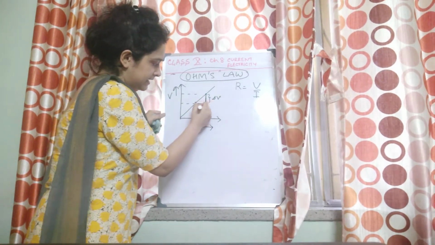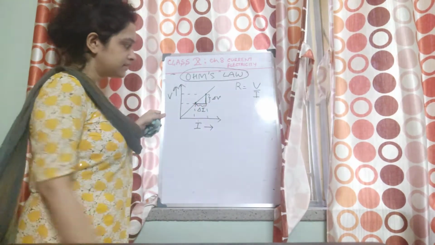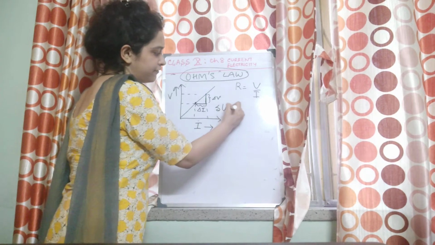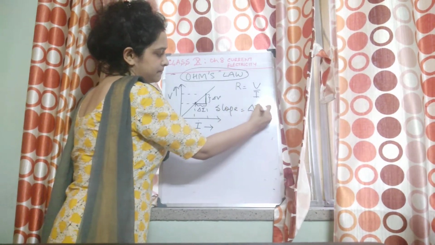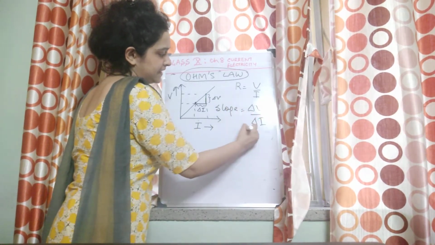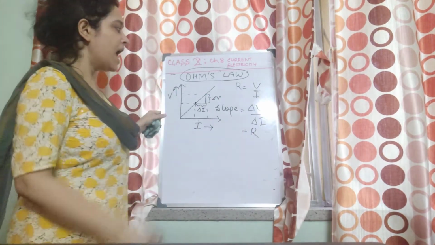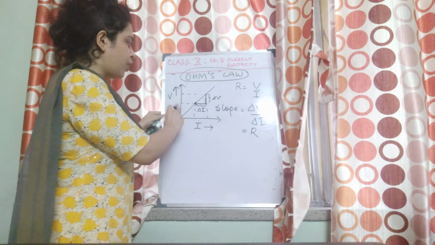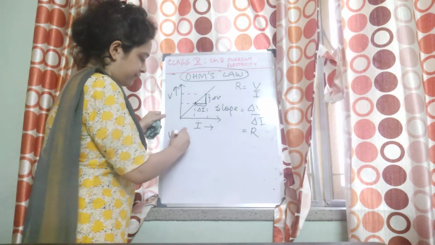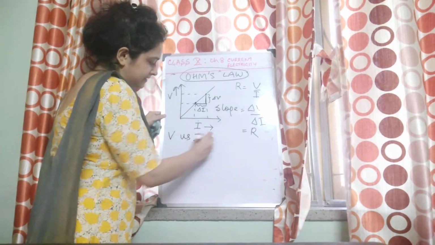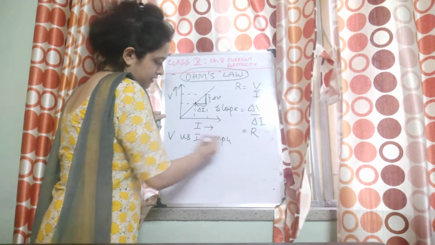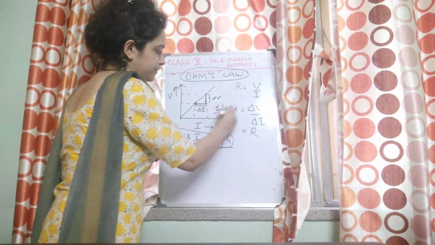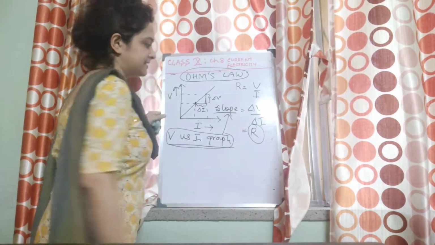So this is delta I. So delta V by delta I is the slope of the graph. That gives us the resistance. So I can find the resistance from the slope of the V versus I graph.